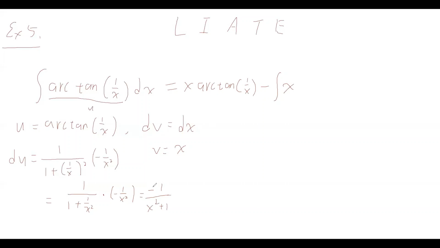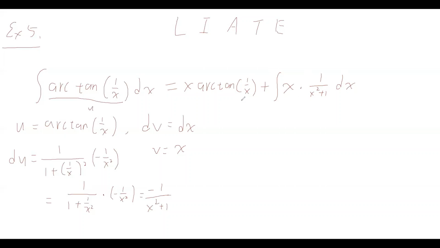Now I'm going to combine this negative 1 with the minus sign here, so it gives a plus, right? So x times 1 over x squared plus 1, like that. And you know what? I'm going to write it separately. Okay, and what's left is just to integrate this.